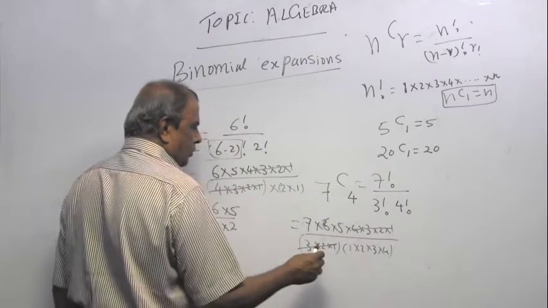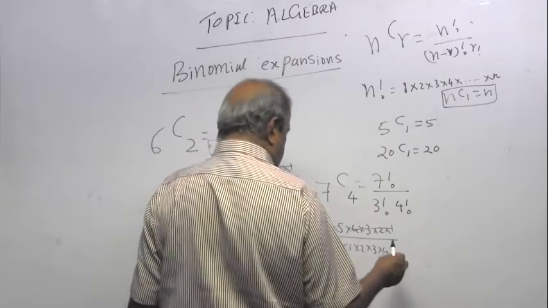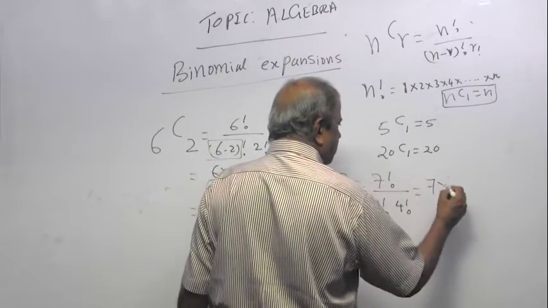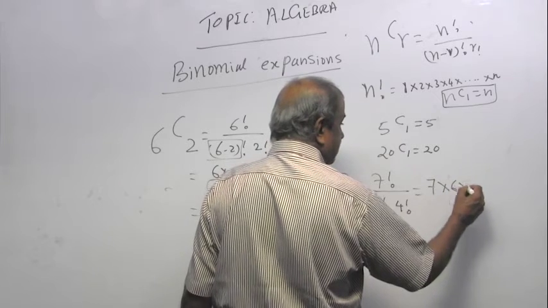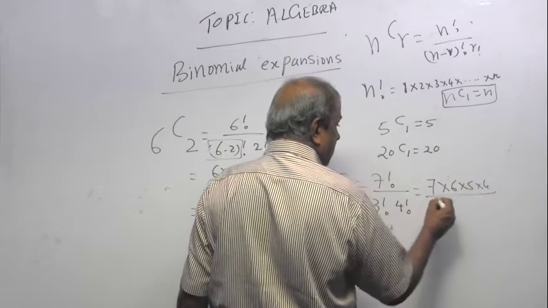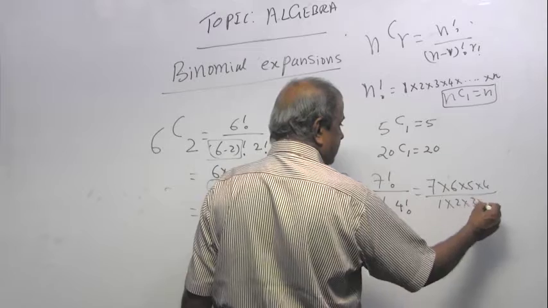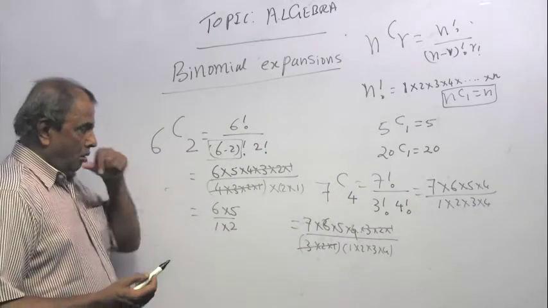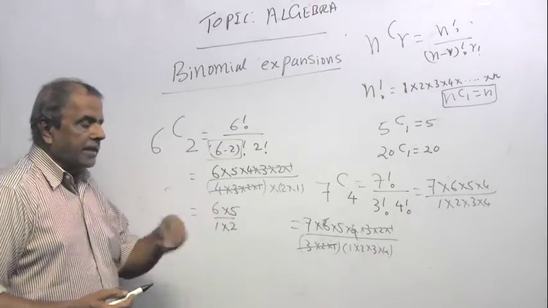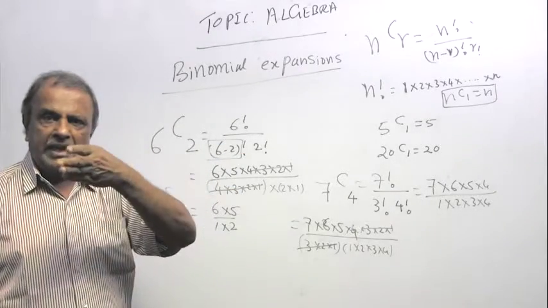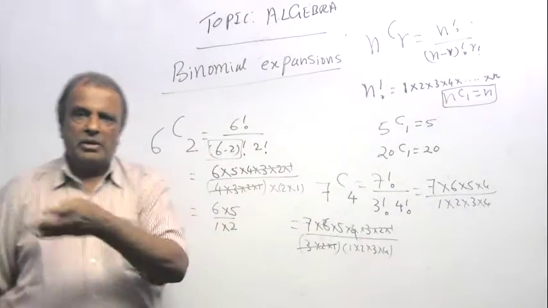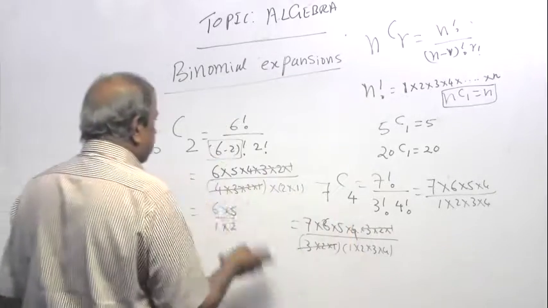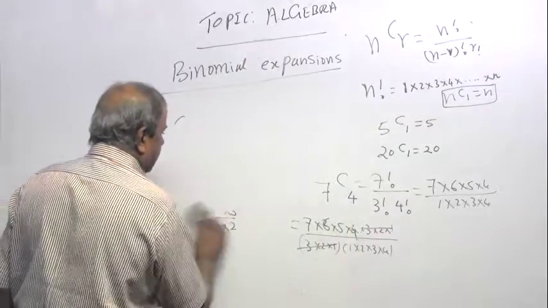So 7C4: only the 3 factorial cancels. Start with 7, write 4 numbers and divide by 4 factorial. So, in other words, nCr means start with n, write r numbers, divide by r factorial. I want you to keep that in mind because I'm going to use that concept a bit later.